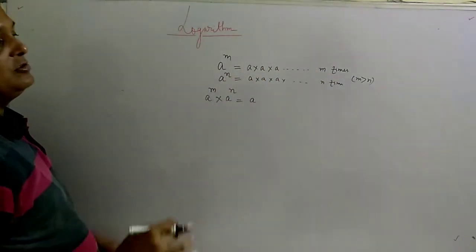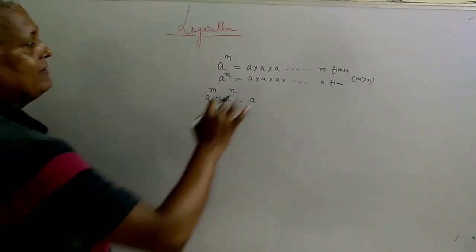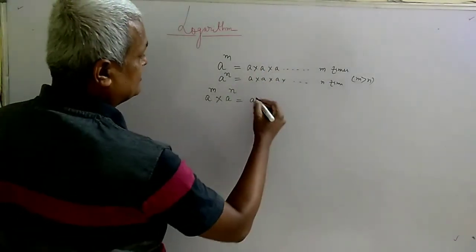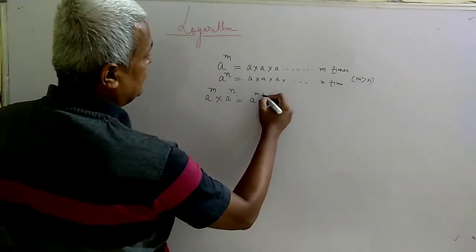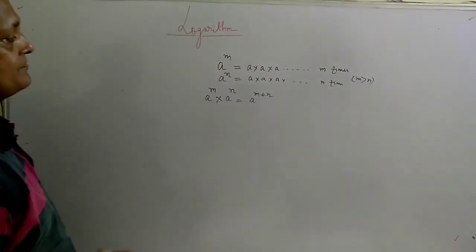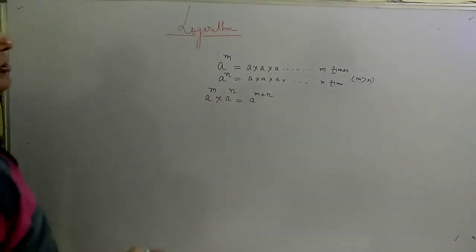This a will be multiplied m plus n times. So we can write this as a to the power m plus n. This one is a formula.